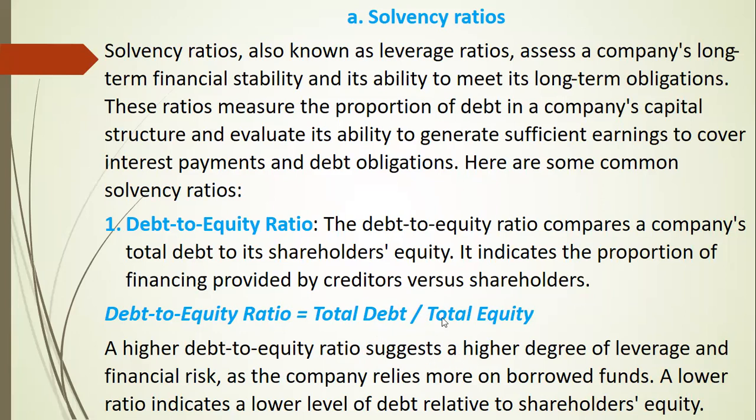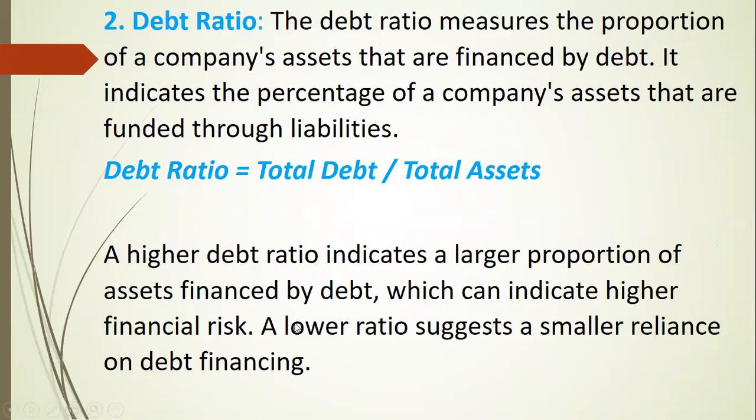So it has a high degree of leverage and financial risk. A lower ratio indicates a lower level of debt relative to shareholders' equity. Then we'll go to the next one, which is the debt ratio.